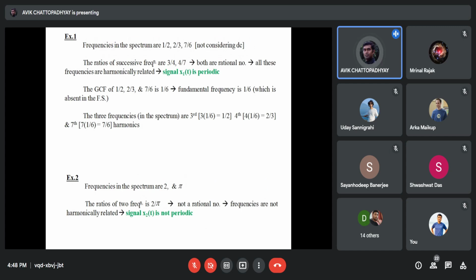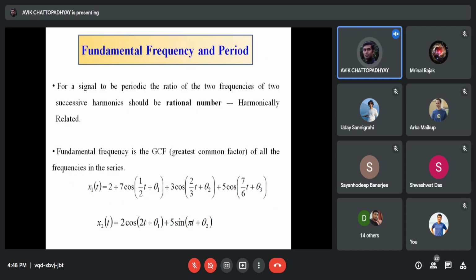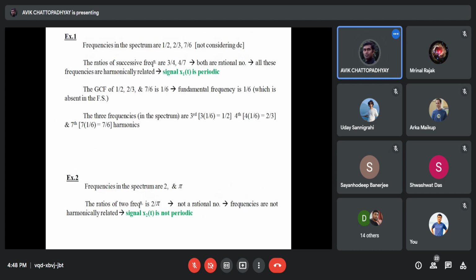From there we can conclude that all the frequencies are harmonically related, and therefore this is a periodic signal. That you already know. It is nothing new to you.